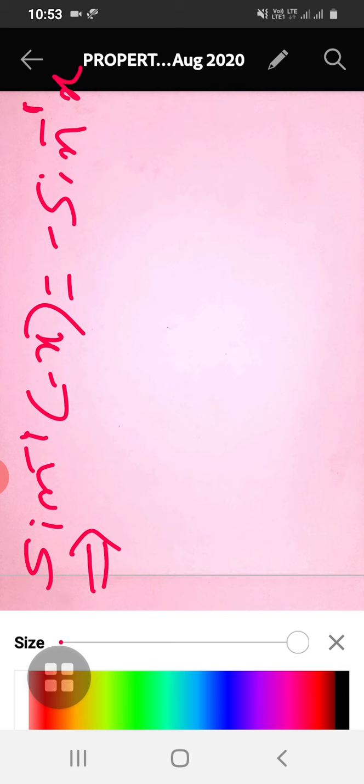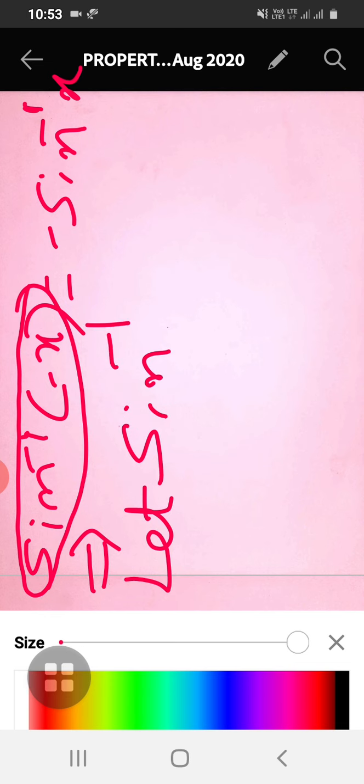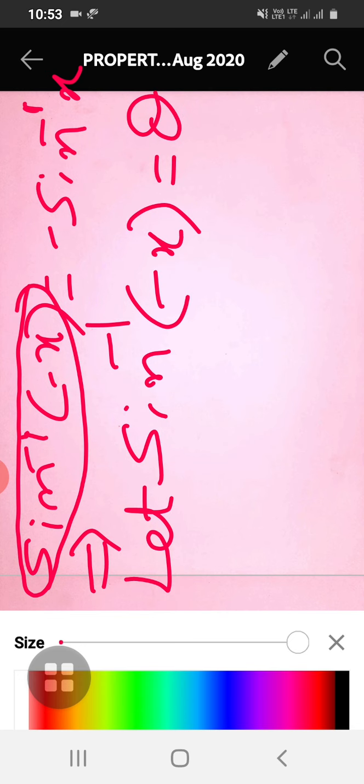See here, I will consider the left hand side. Let sin inverse of minus x be equal to, say, theta, some angle. See, in yesterday's class, the definition of inverse trigonometric function: if trigonometric functions change their sides, they will be inverse to one another.